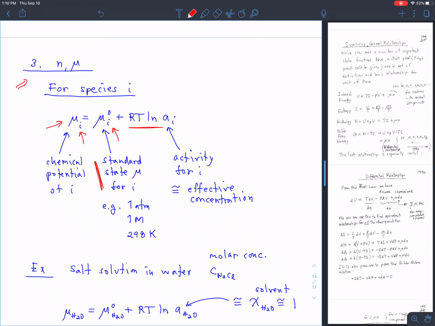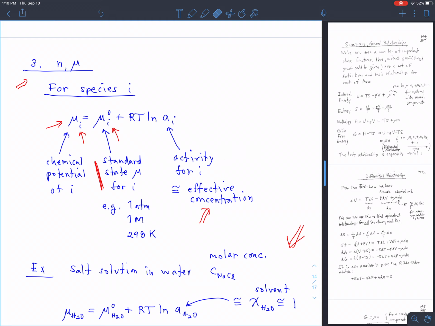And that term is R times T times the natural logarithm of a quantity that's called the activity. That activity is basically an effective concentration, and we'll see what that means down here below. We'll go through what the best choice for activity is for a whole variety of different situations.